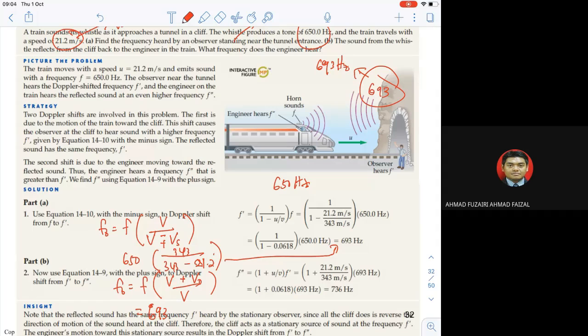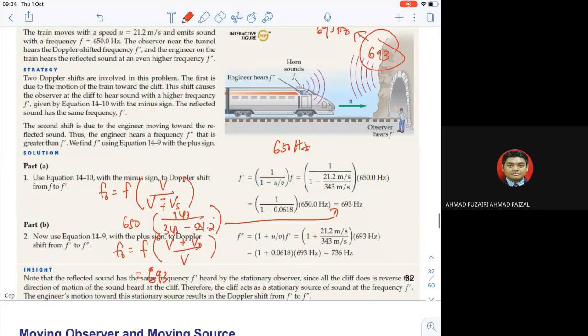So we start with the 693 frequency times (343 plus 21.2), and of course V is 343. So you will see there's some increase, and because of this approaching you get 736 hertz. So it's actually getting nearer, and of course the frequency is getting greater.